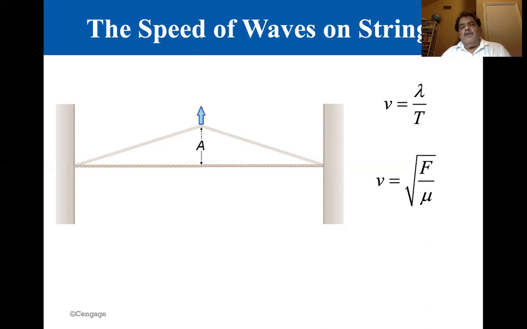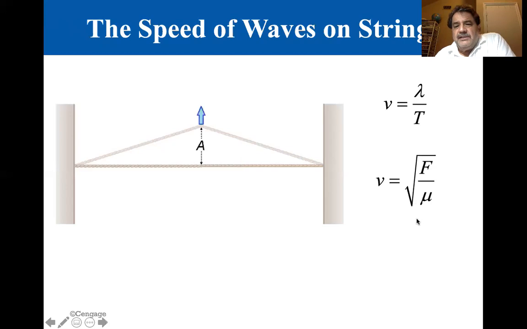Now, if you notice on a guitar, the higher tone strings are thin, and the lower tone strings are very thick. They even sometimes have a cord around the cord, so there's more mass density. So if you increase the mass density, the velocity goes down, and if the velocity goes down, the tone goes down.